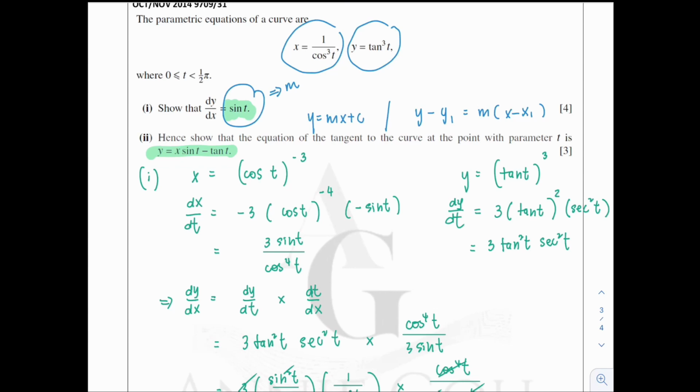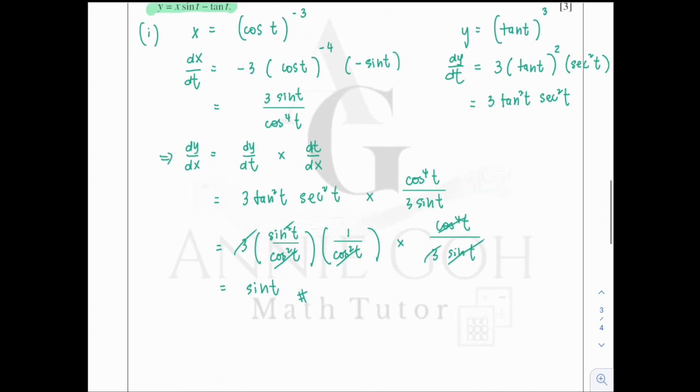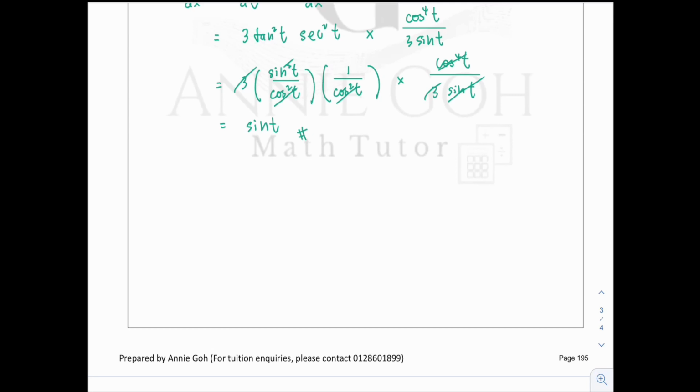So let's have a look at part 2 here. Let me jot down the coordinate. X should be equal to 1 over cos cube t. Y is equal to tan cube t. The gradient is equal to sine t.